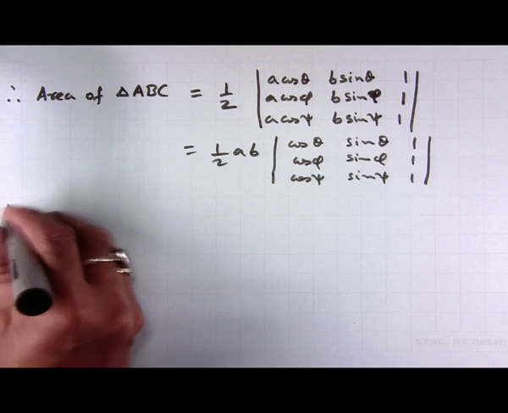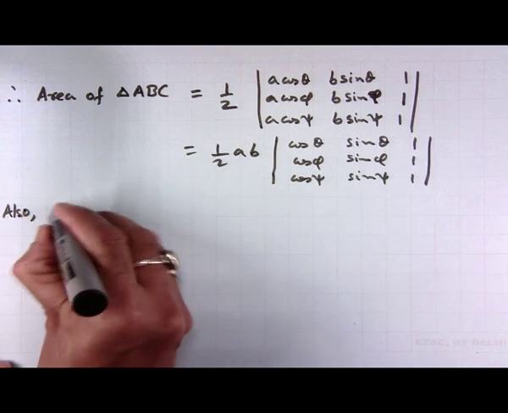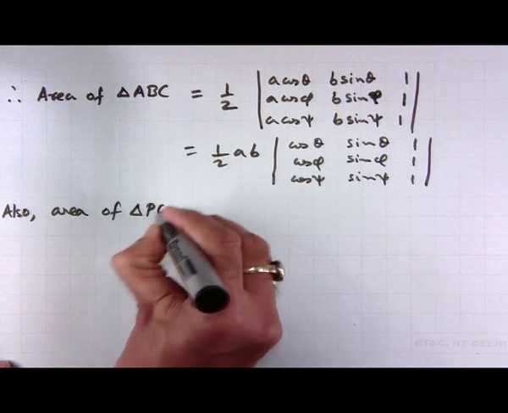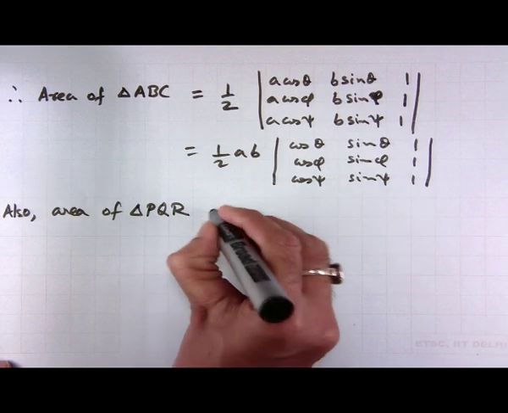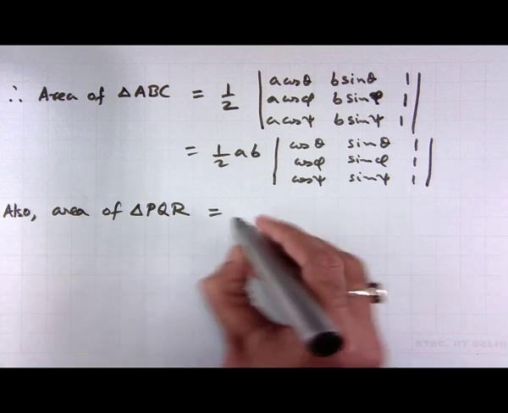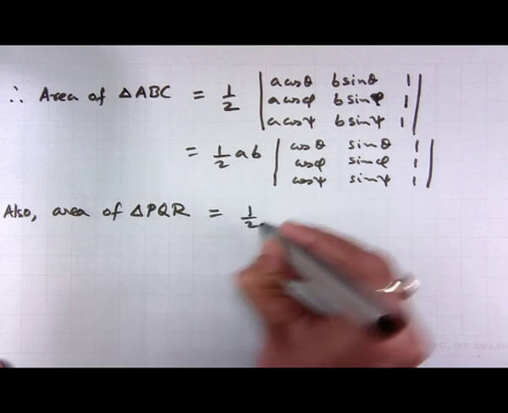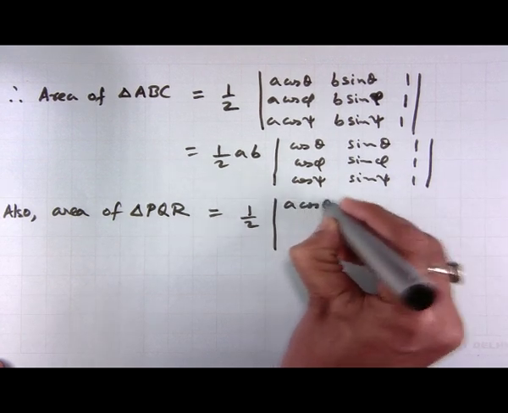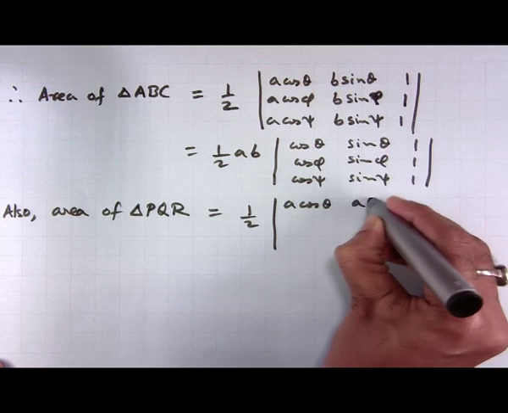Also, what is the area of triangle PQR, where now P, Q, R are points on the auxiliary circle of radius A. So, here the difference is only the y coordinates: now instead of B sin theta I have A sin theta.